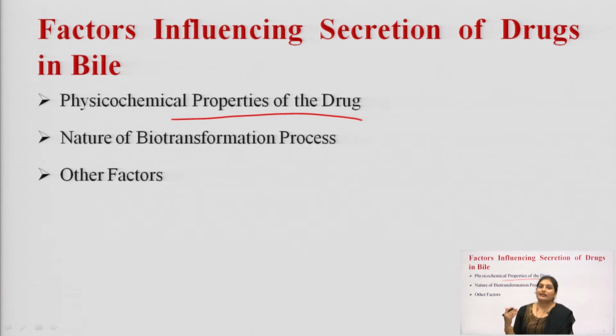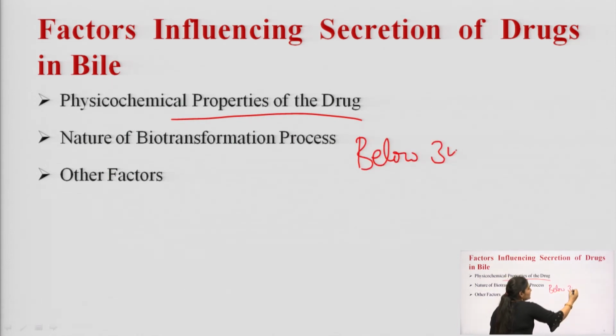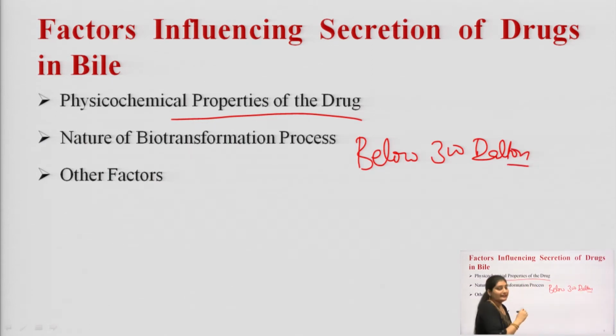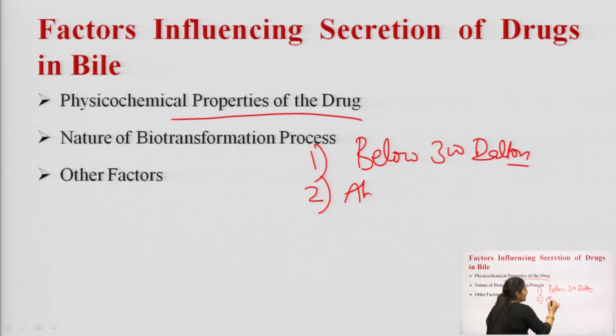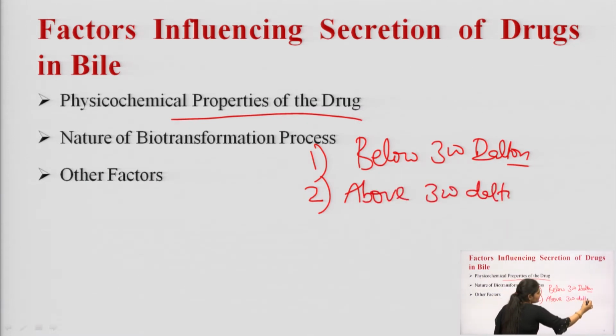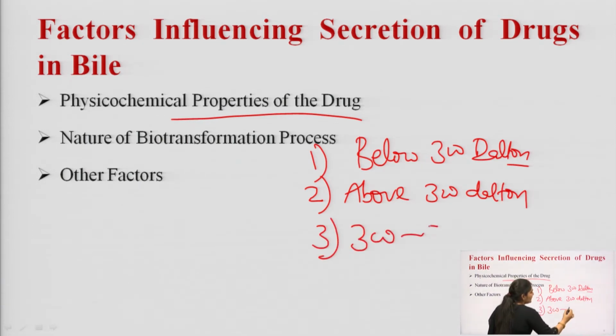So, if a drug compound is below 300 Dalton, we have three different categories. In the first category, the drug compounds have molecular weight less than 300 Dalton. In the second category, it is above 300 Dalton, and in the third category, it is between 300 to 500 Dalton.